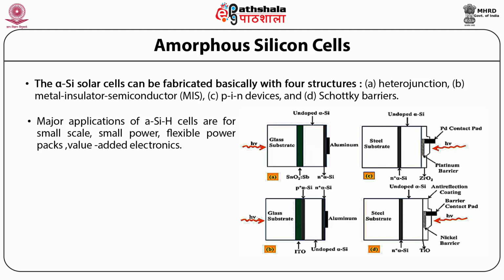These are shown in figure B. In the first type, the substrate is of ITO coated glass on which first a p-type alpha SiH layer is deposited, then a layer of intrinsic alpha SiH layer is deposited, and then finally a layer of N-type alpha SiH layer is deposited.